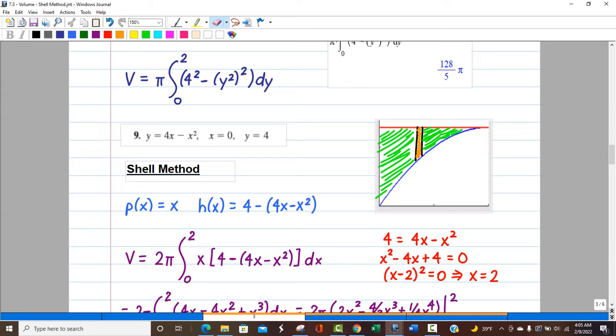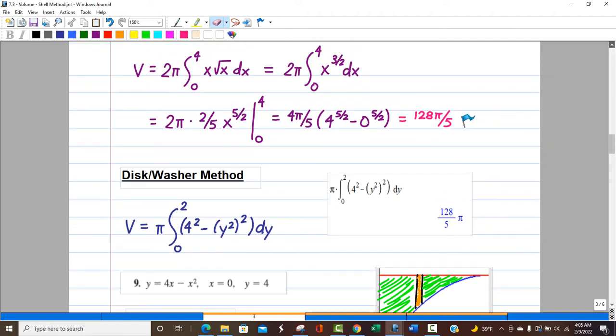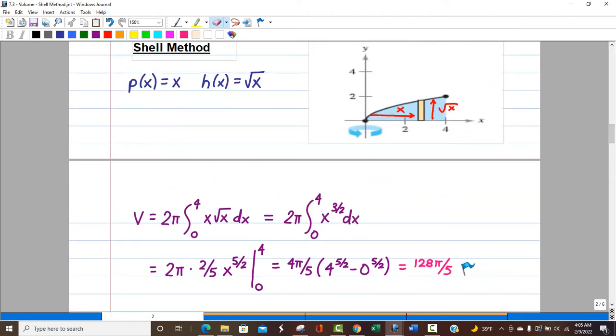Now, this is a little tricky. So the h of x needs to be the height inside the shaded region of what's being revolved. You see the last one, the shaded region was going from 0 to the square root of x. So that height would be the square root of x.